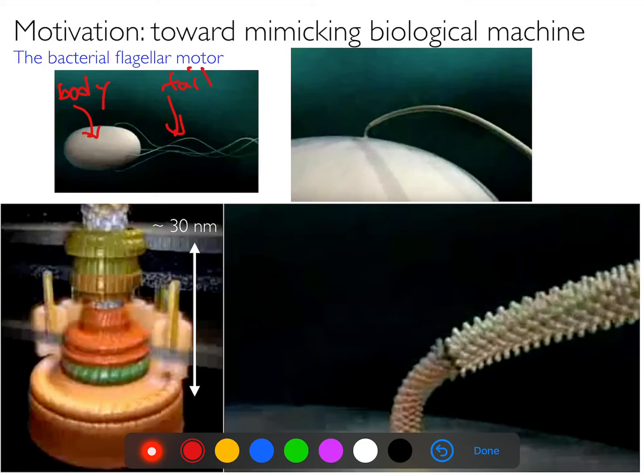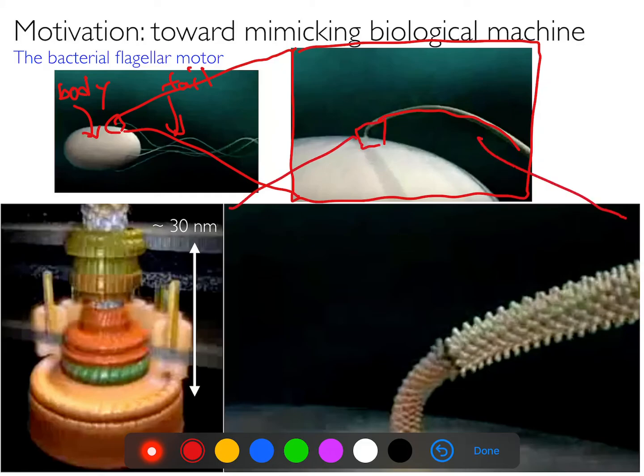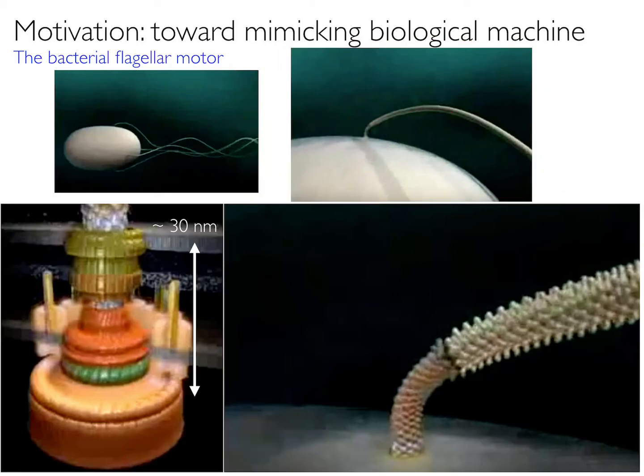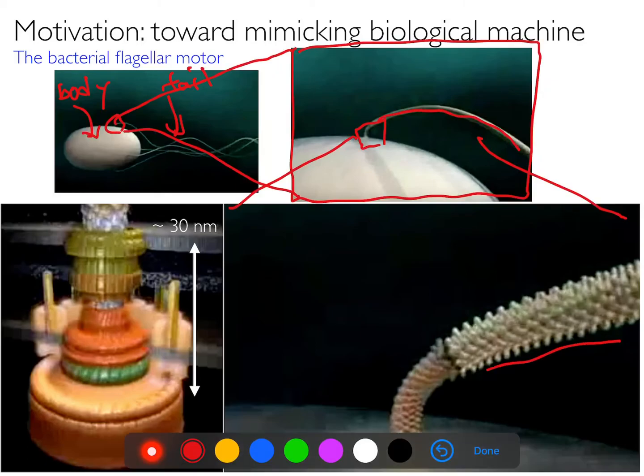So let me close up this connecting part between the tail and body in here. What you can see here is the tail is hanging out from the body, and if you look at this connecting part more closely, you can see that this tail is screwed.